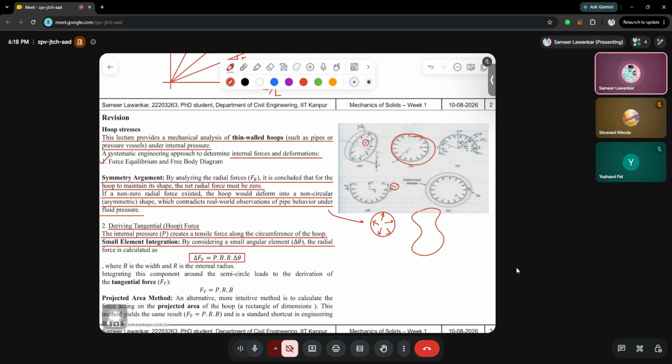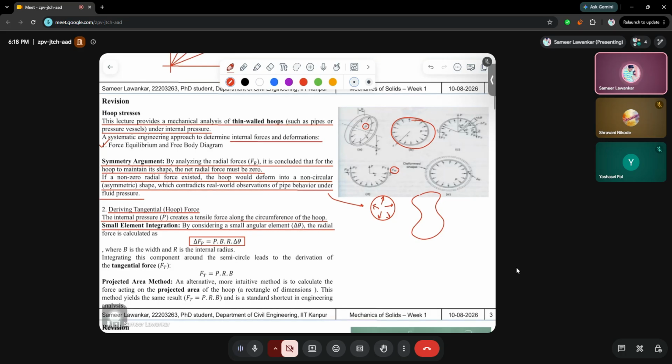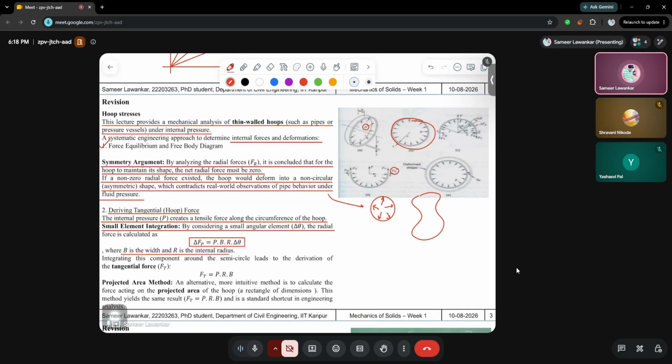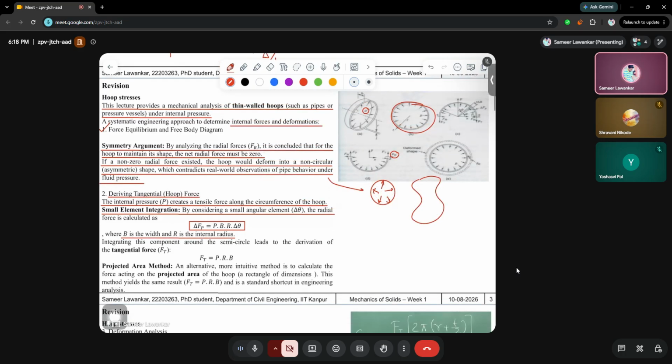For the derivation you can go through the lectures; I'm just doing a quick revision. What is B here? B is the width. What is R here? R is the internal radius. Similarly, for the tangential force, Ft is equal to P into B into R.